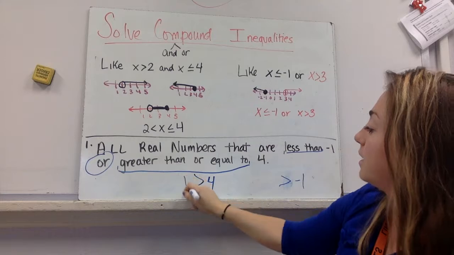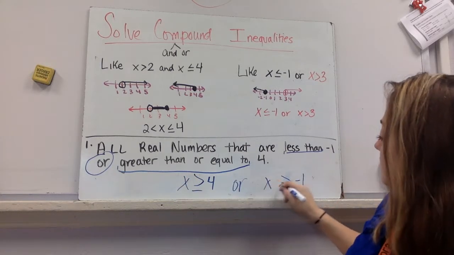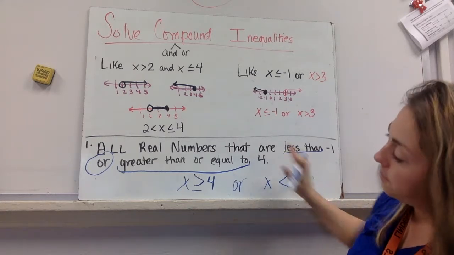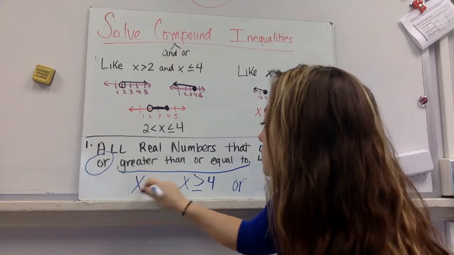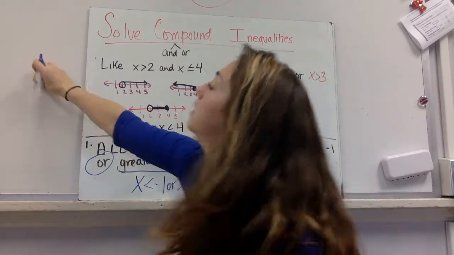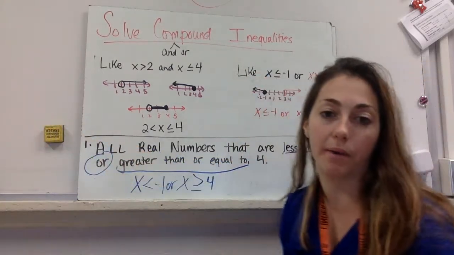So I have x is greater than or equal to 4, or x is less, I did it backwards, less than -1. And because I wrote that one first, I'm going to switch it to write it over here, and I'm going to erase this. It doesn't have to be in order, but I want to stay consistent.